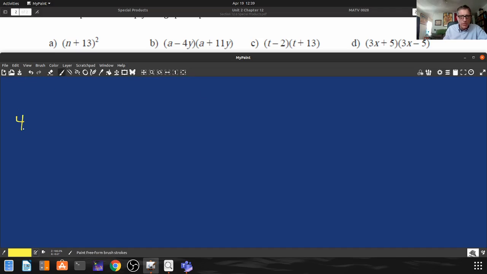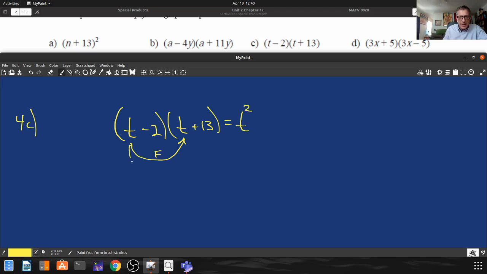And 4C, again just using FOIL. t minus 2 times t plus 13. Well, my first terms, t times t, so that's t squared. My outer term is t times 13, so that's 13t.